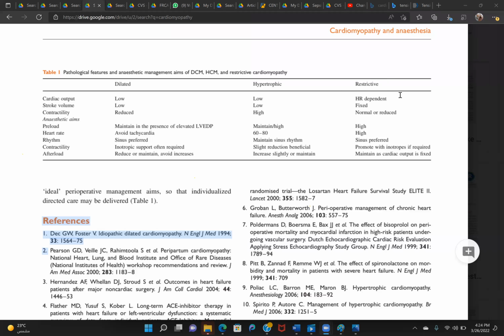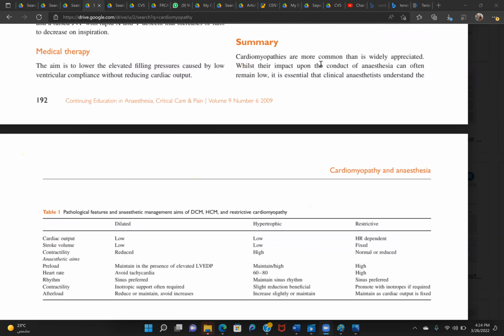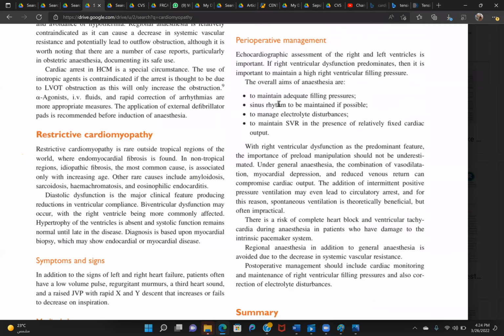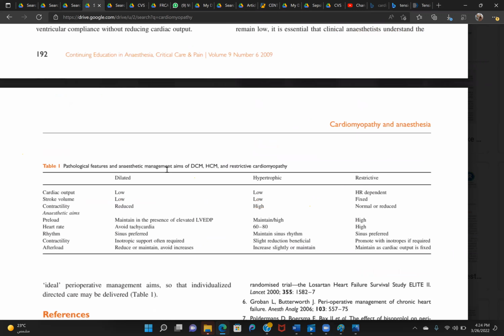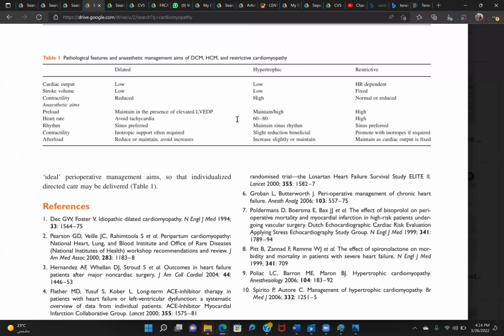What is the difference between restrictive and hypertrophic? Anyone, please? In hypertrophic, contractility will be increased.